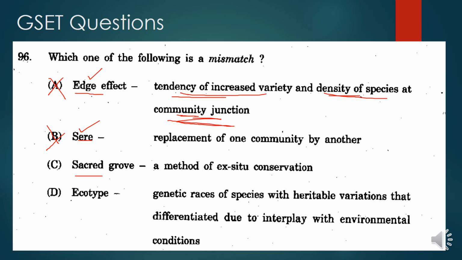Then we have the sacred groves. As the name suggests, sacred means it is religious, it is pious. Grove is the forest. So this pious forest, religious forest, these trees in the grove, they are actually worshipped by local community or tribal people.